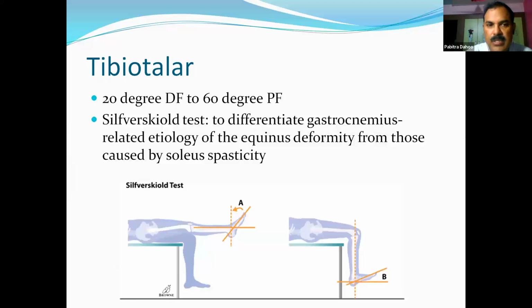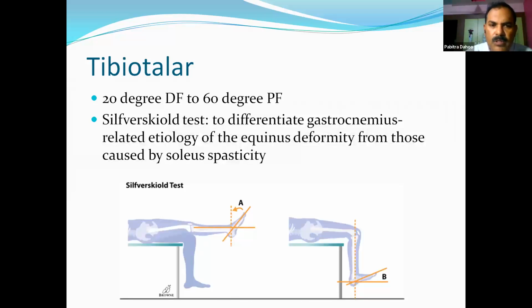So that has to be evaluated, because the treatment is different in different conditions, whether the deformity is because of spasticity of the gastrocnemius, spasticity of the soleus, or spasticity of both the muscles combined together. That will decide what treatment we are going to do.